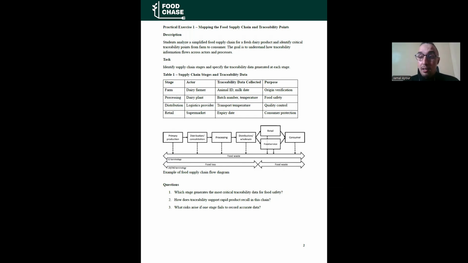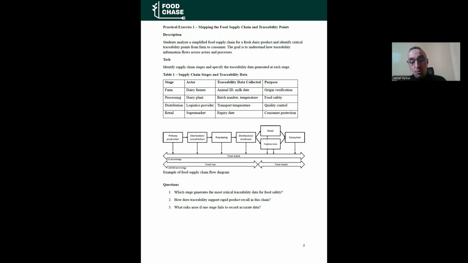Students are invited to analyze this table and resolve this question regarding the most critical stage in this supply chain, and also how does traceability support rapid product recall in this chain. In this question we will use the information from the course, but also the data of the exercise to resolve it.